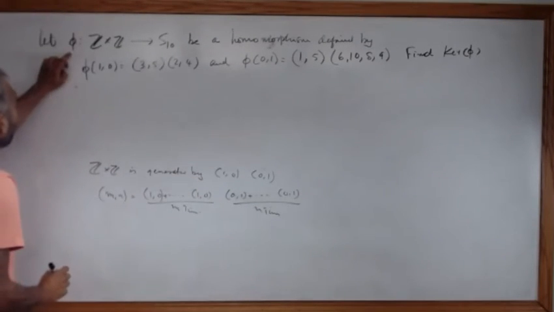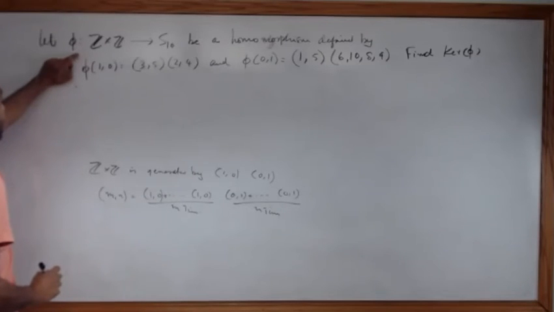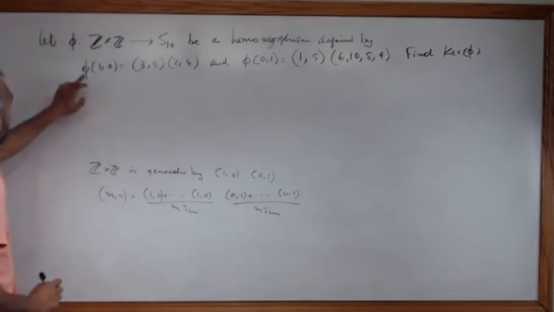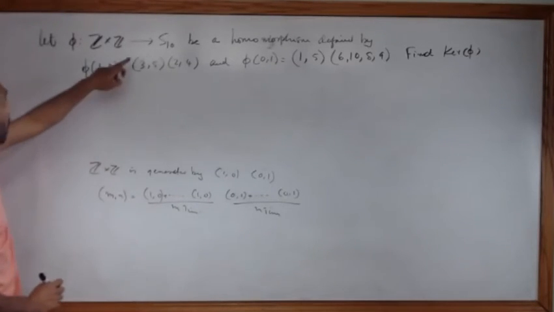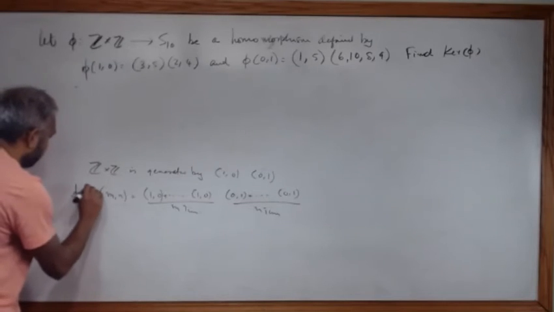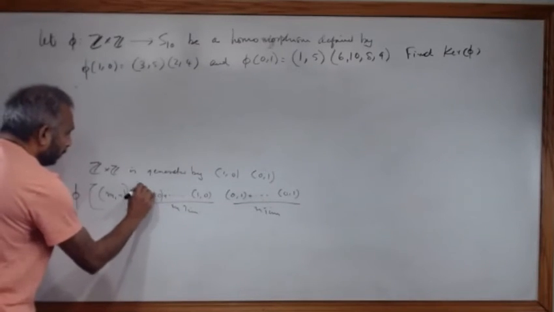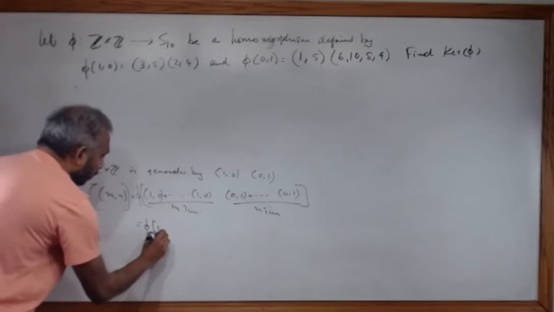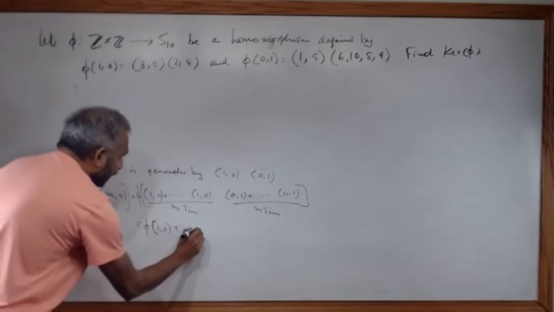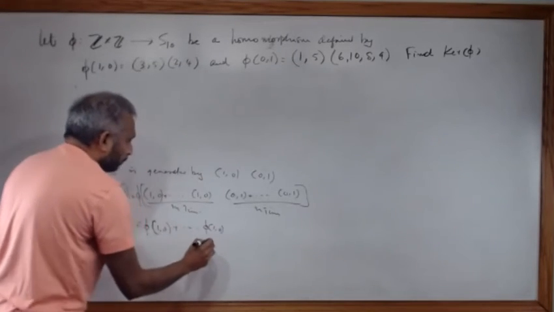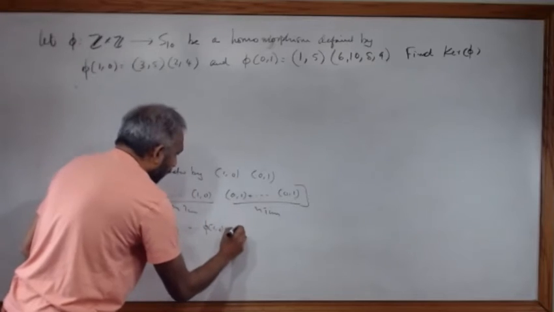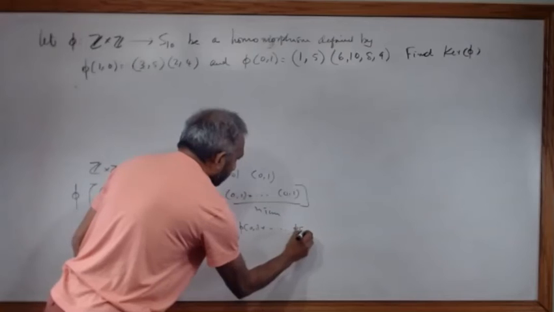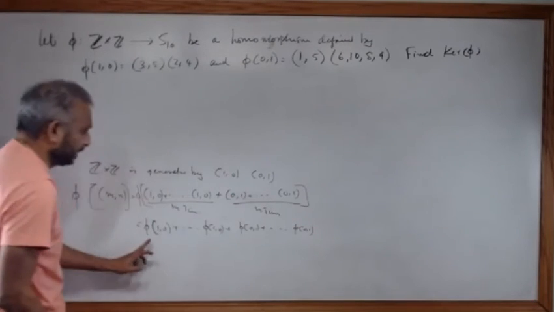And because this is a homomorphism, our idea is to define every element of C cross C to S10. So any element of C cross C can be written like this, and phi of this will become phi of (1, 0) plus ... plus phi of (1, 0) plus phi of (0, 1) plus ... plus phi of (0, 1), because this is a homomorphism.